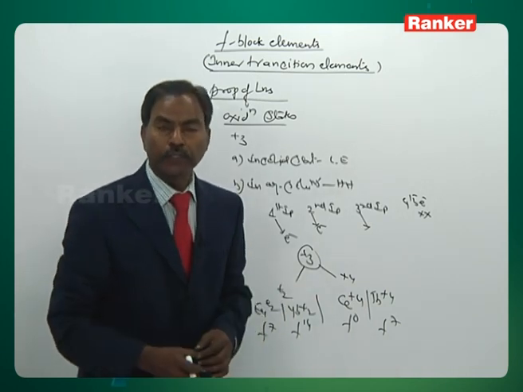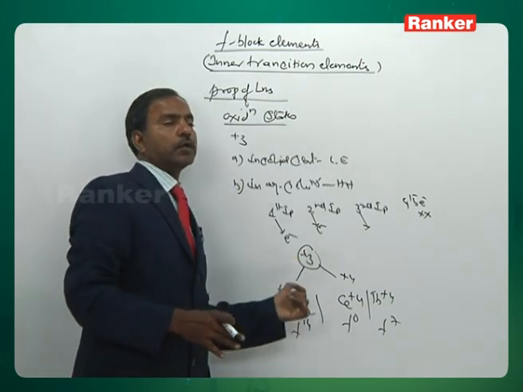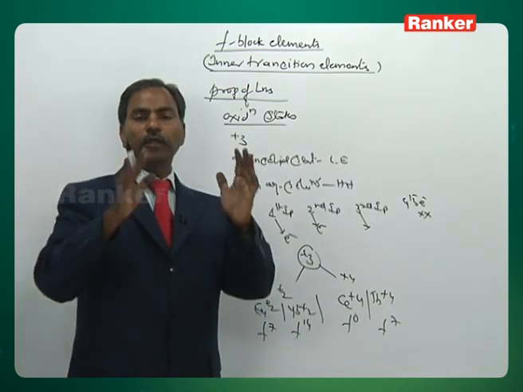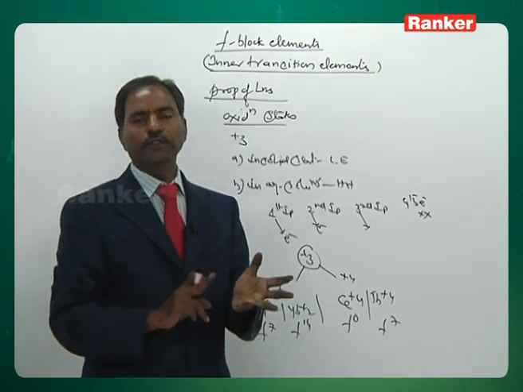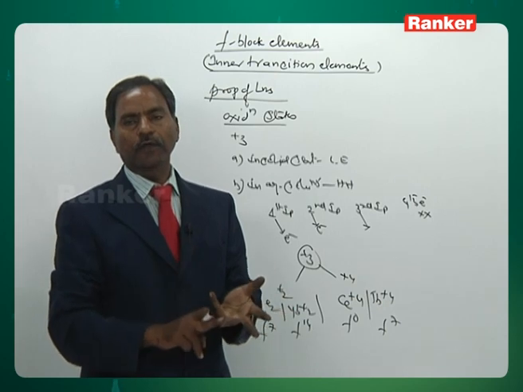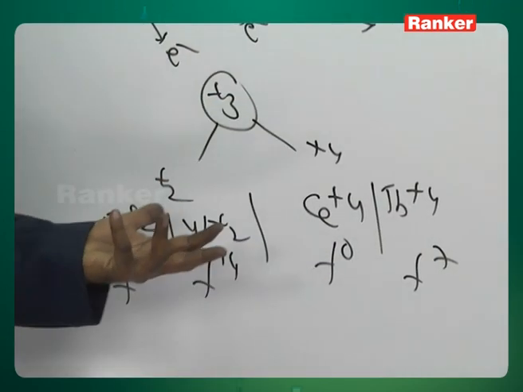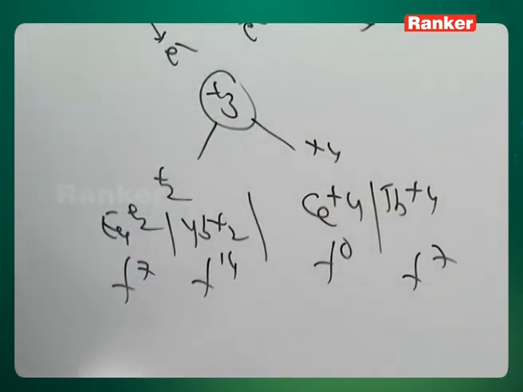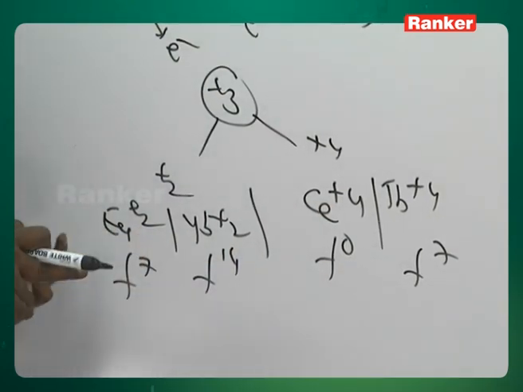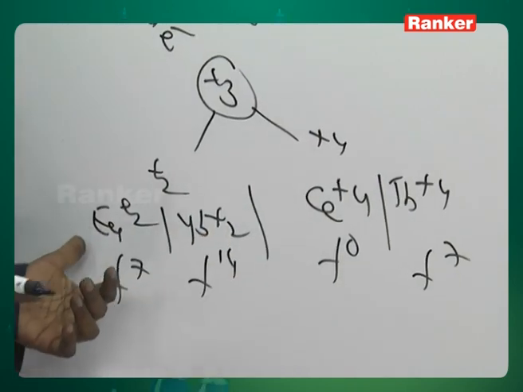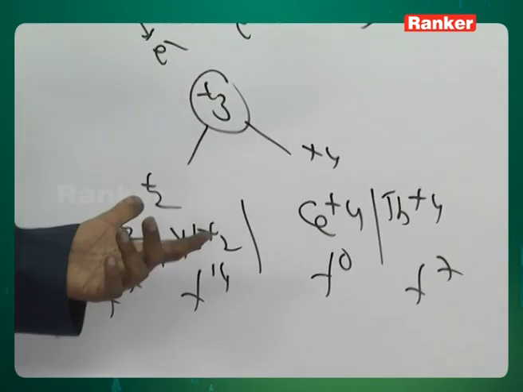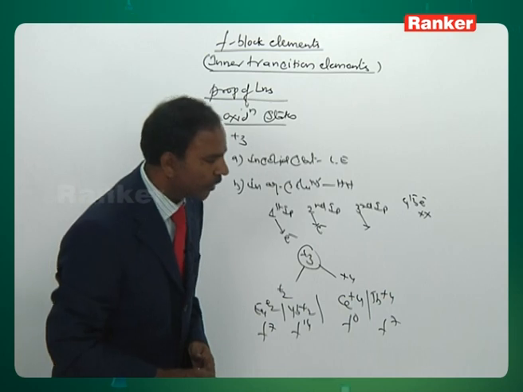Why? In their +2 and +4 oxidation states, they gain the stable F0, F7 or F14 electronic configurations.